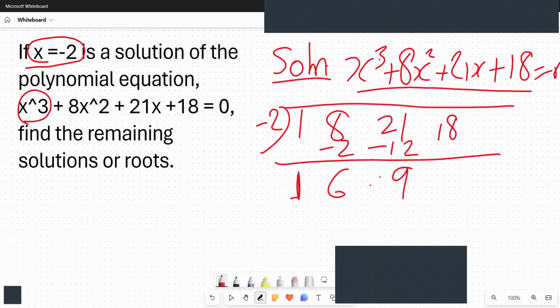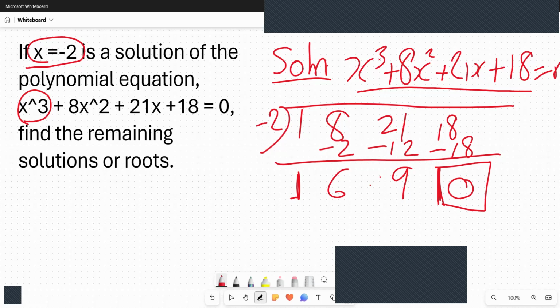Then multiply 9 by -2. I have -18. If I add 18 plus -18, I have a 0. So actually, our answer agrees with the question. Therefore, the remainder after dividing by -2 is 0.